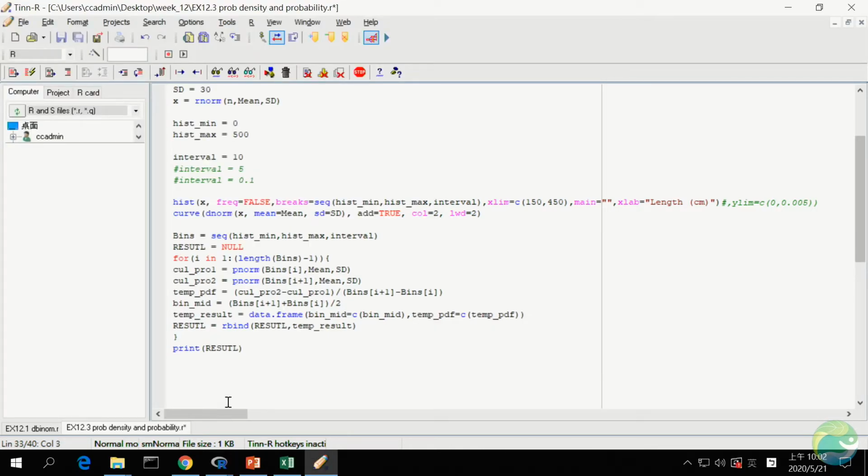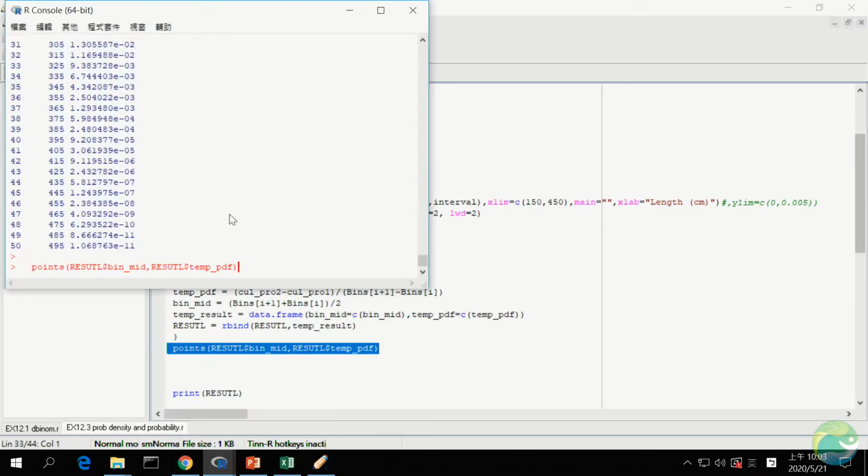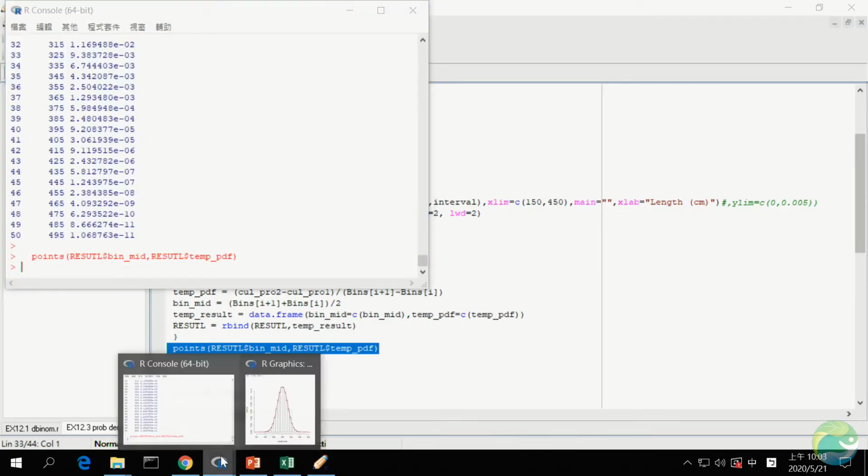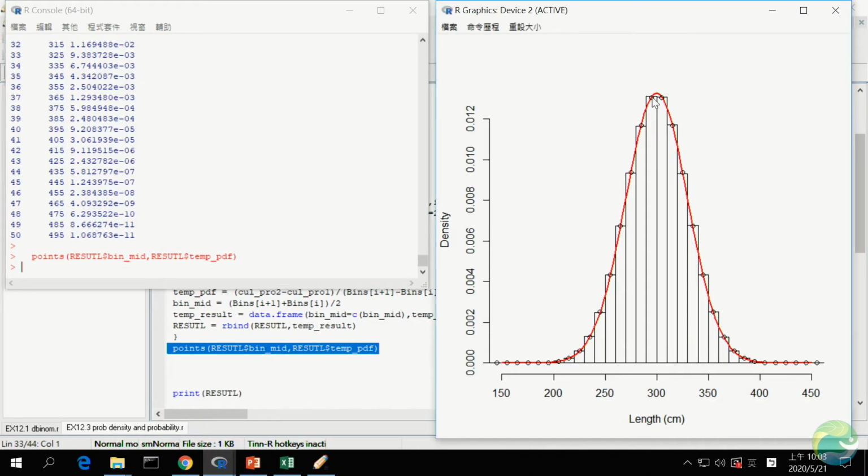It should be the same. Right? This circle is the same.